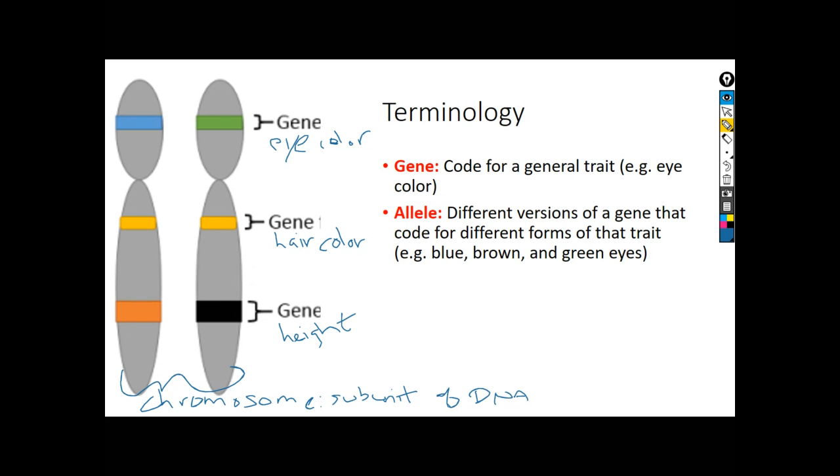The other thing you need to keep in mind, and that's going to become very important, is this is a chromosome. And our chromosomes are made up of sister chromatids.